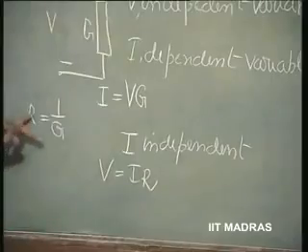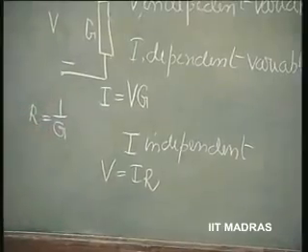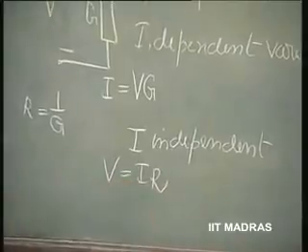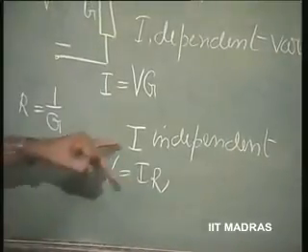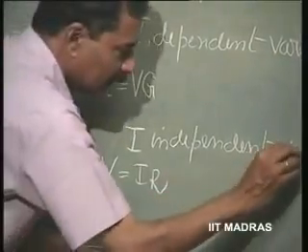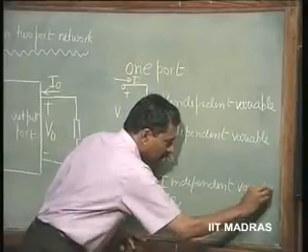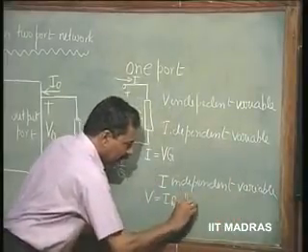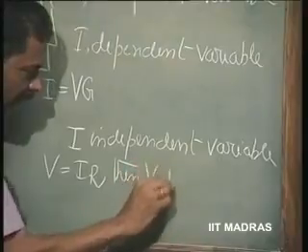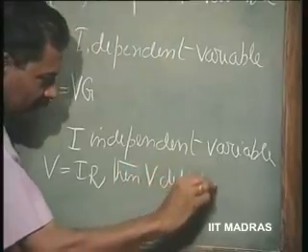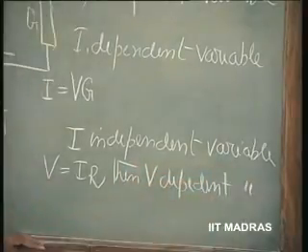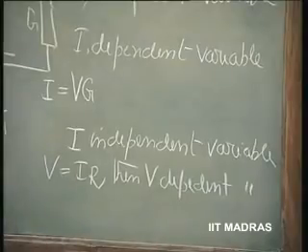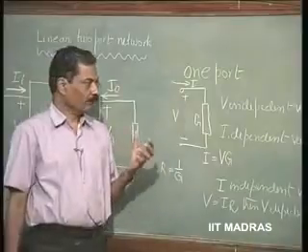R is going to be 1 over G here. The resistance is 1 over the conductance. So, V is equal to I into R. So, if I is the independent variable, then V is dependent. So, this is what we have to understand: what is the independent variable and what is the dependent variable?